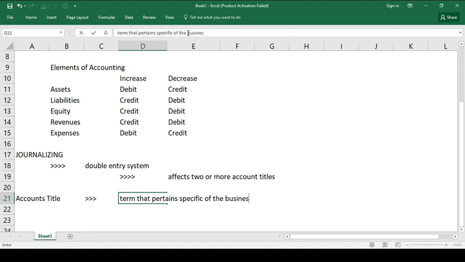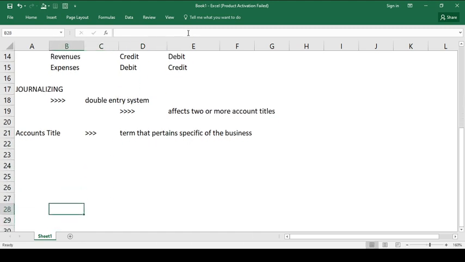Okay? Once we journalize, guys, once we prepare the journal entries under the double entry system, we should know what account titles are being affected. The first rule or guide to journalize is: what element is affected?